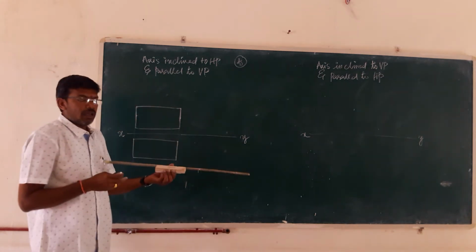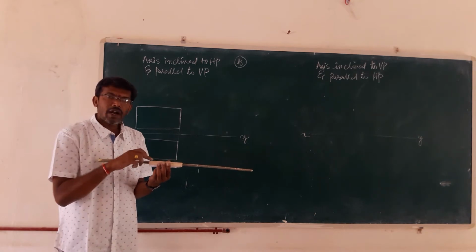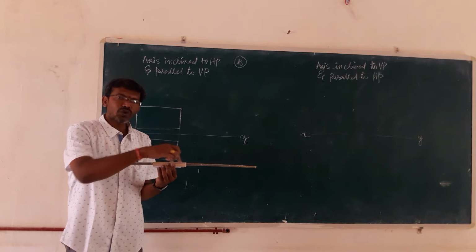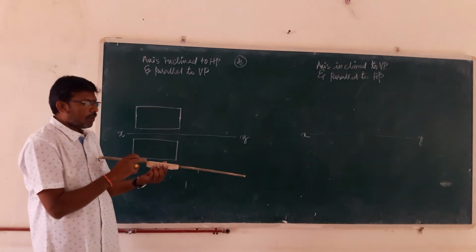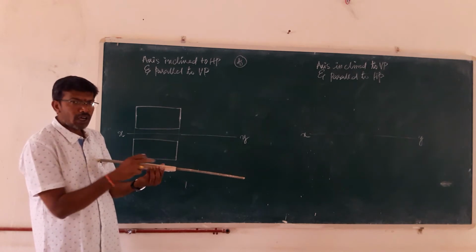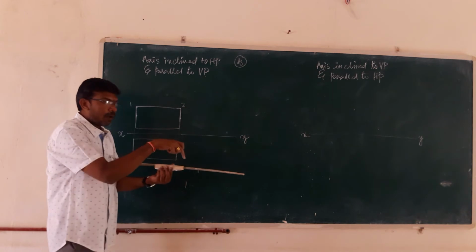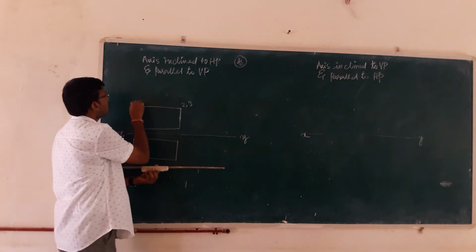Here the naming is also important. I will write the names of the top of the base as 1, 2, 3, 4 and A, B, C, D at the bottom. So this is 1, this is 2, and behind the 2 it is 3 and this one is 4.